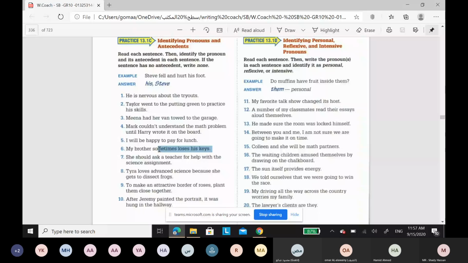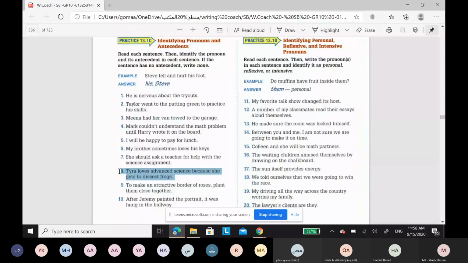She should ask a teacher for help with a science assignment. Where's the pronoun here? She. Yes. Sarah loves advanced science because she gets to dissect frogs. She. Also she. Yes, and the antecedent for the word she?